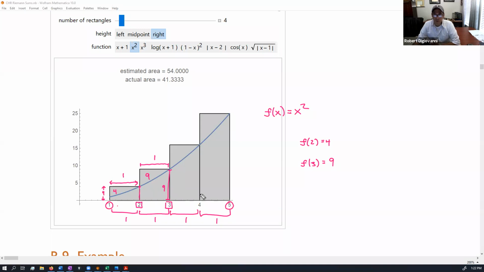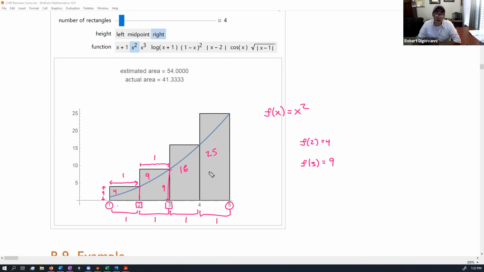Then you just keep on doing that. How tall is this one? You're plugging in 4, so 4 squared is 16, times the width, so 16. And this last one, you plug in 5, 25, times 1, you get 25.